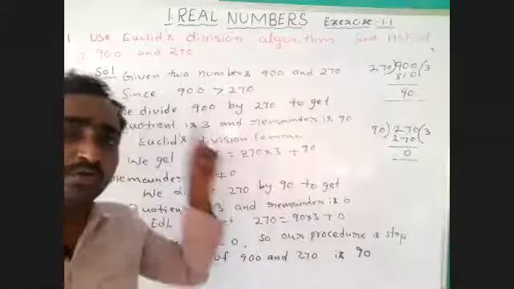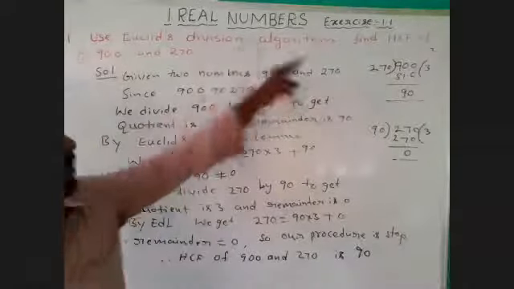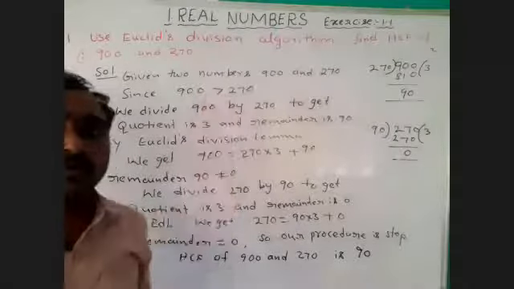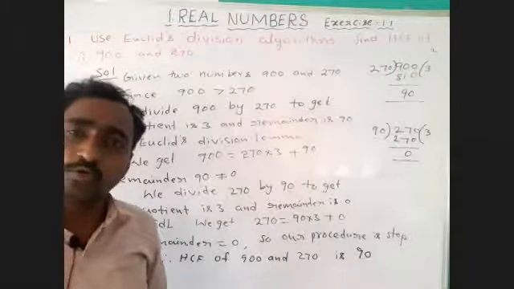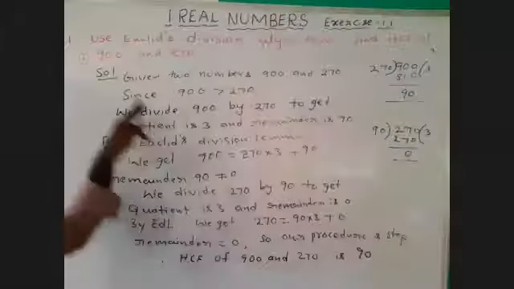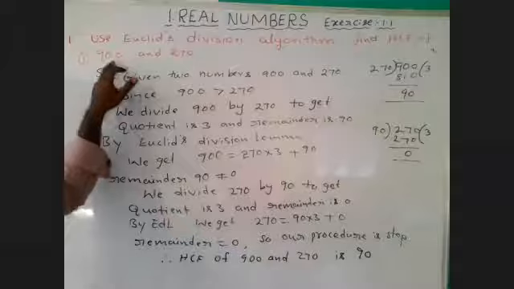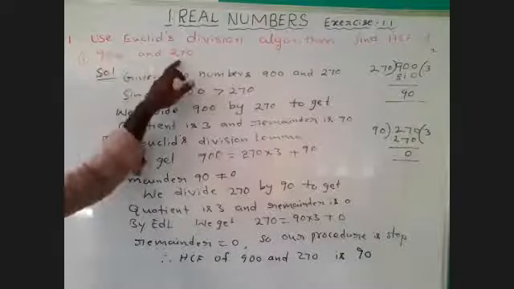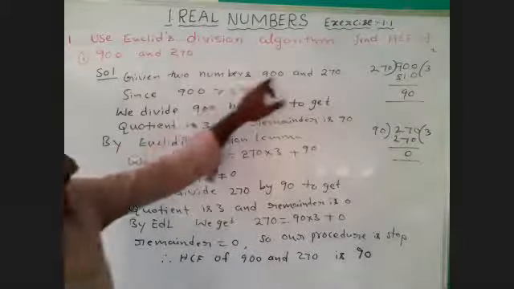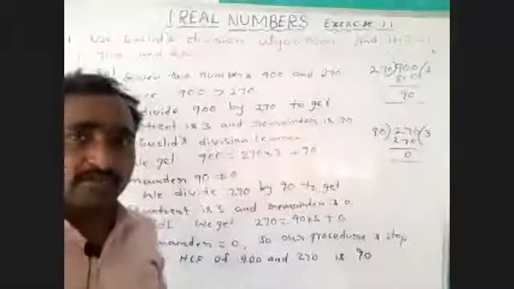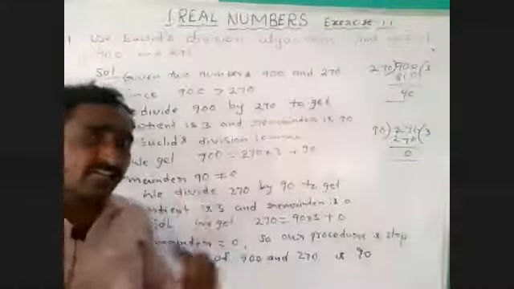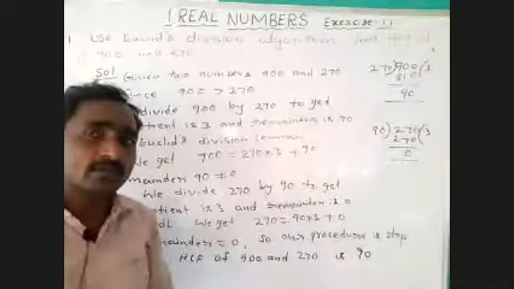Use Euclid division lemma or Euclid division algorithm. Find the HCF of two positive integers 900 and 270. Given two numbers are 900 and 270. Out of these two numbers, which is the largest value? 900. So 900 is divided by 270.